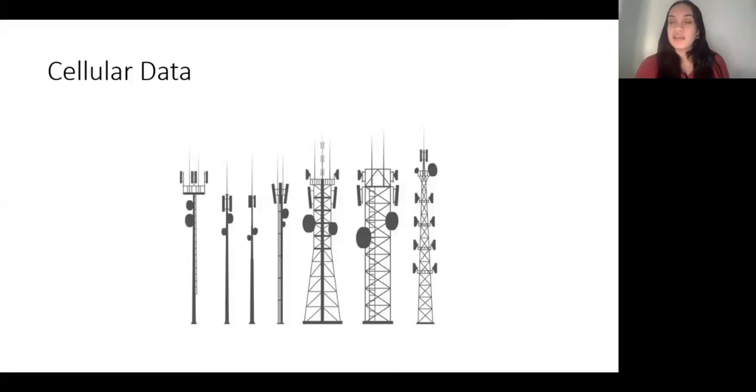Cellular data, on the other hand, is all the connection around us with these mobile towers that we probably don't see that often because we live in New York City. However, if you've ever been to Ridge Hill and you go up that hill, you could see some towers there, not all of them, obviously.